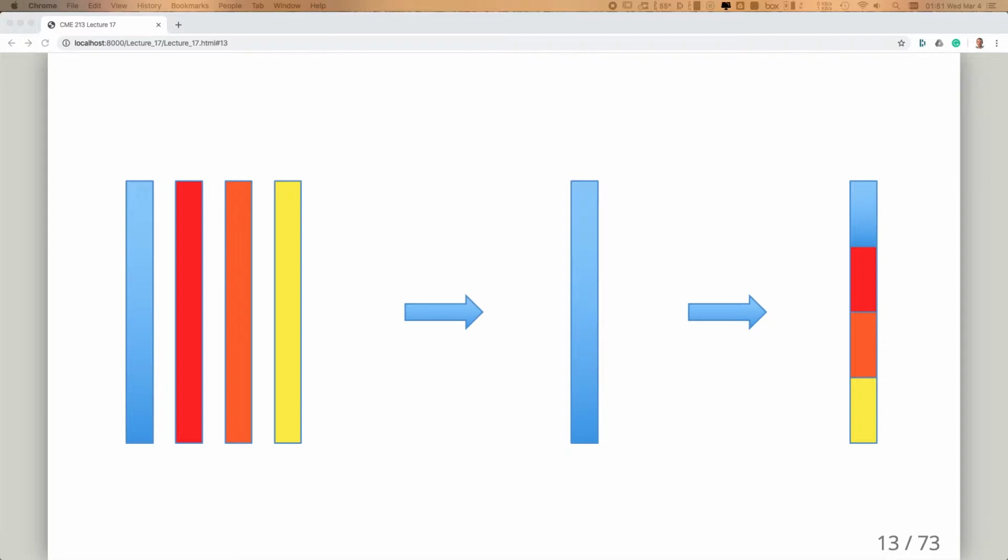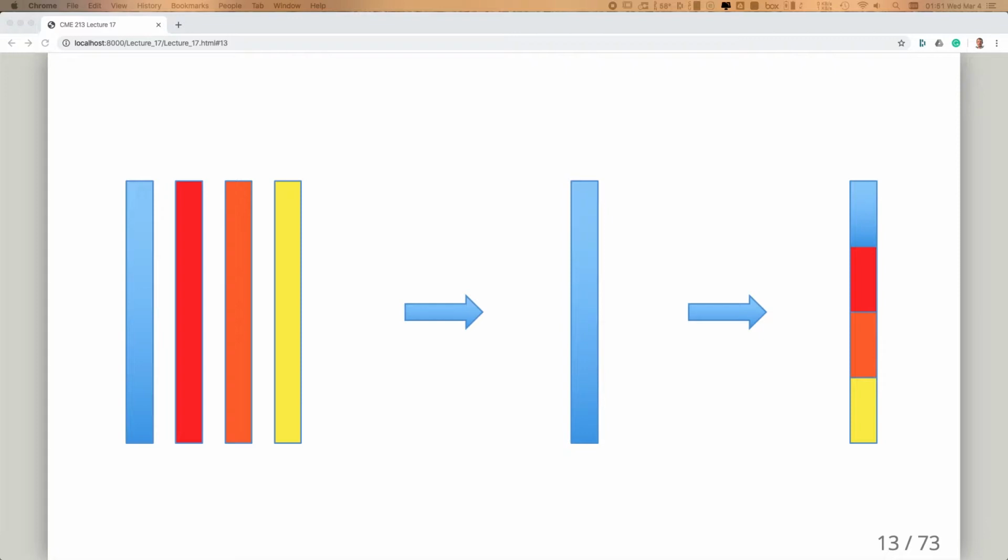So we're going to call an MPI reduce. The result may be stored on one process, but if you want to distribute the result as well, then you take this result and scatter it across all processes.